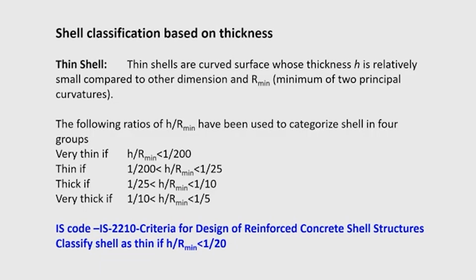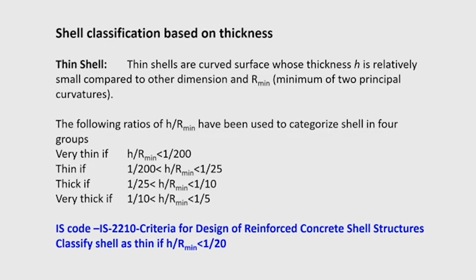So, R minimum is the minimum of the 2 principal radii of curvature, taken to find the ratio. If H by R minimum is less than 1 by 200, we call this shell a very thin shell. When H by R minimum lies between 1 by 200 and 1 by 25, we call it a thin shell.